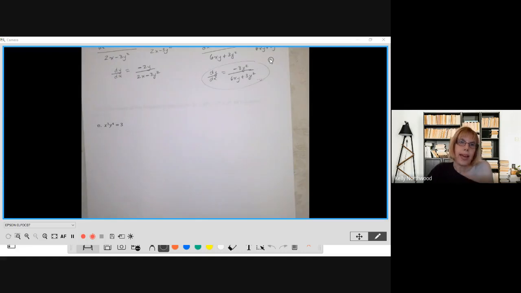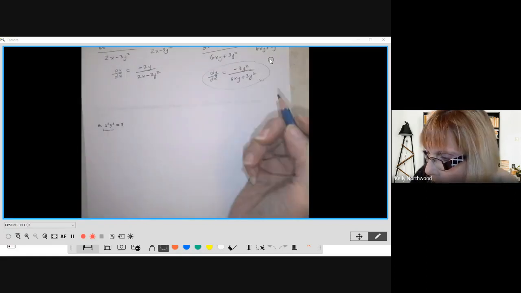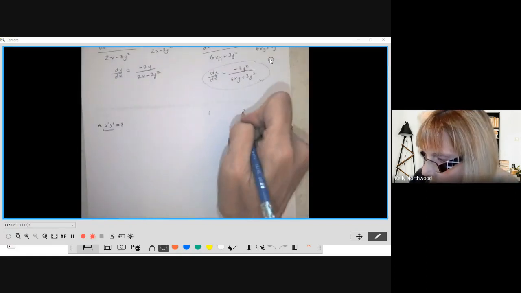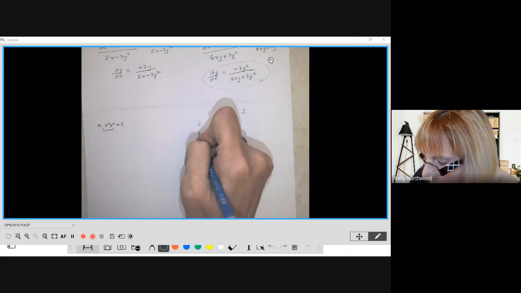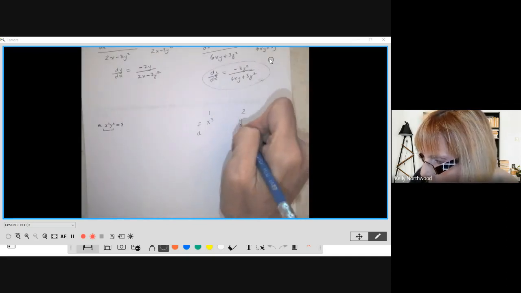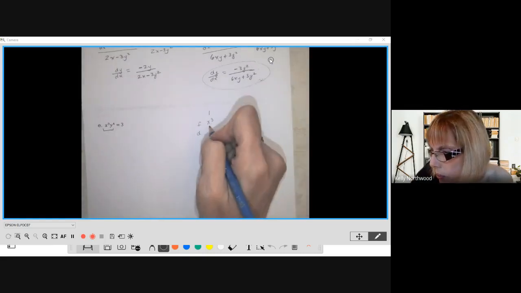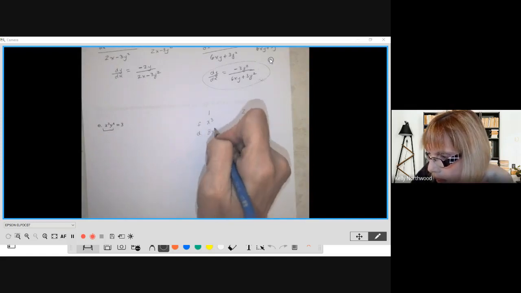Okay, so x cubed times y to the 4th equals 3. So hopefully you recognize that as a product rule. So our first function is x cubed, and our second one is y to the 4th. Derivative of x cubed with respect to x is 3x squared.